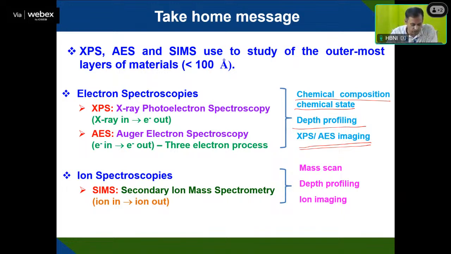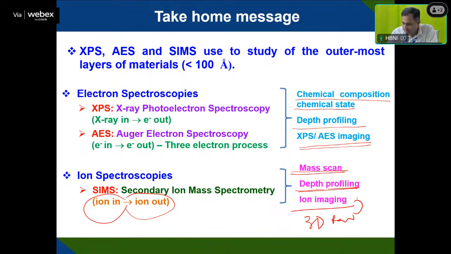And for ion spectroscopy, I discussed only one, secondary ion mass spectroscopy. Here you apply a primary ion beam and get a secondary ion beam, and that is possible for mass scan, depth profile, as well as ion imaging and 3D reconstruction using the ion image. So you will be able to get more of the surface phenomena in these three techniques.